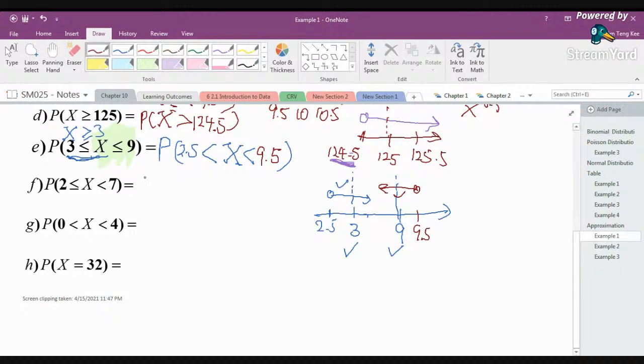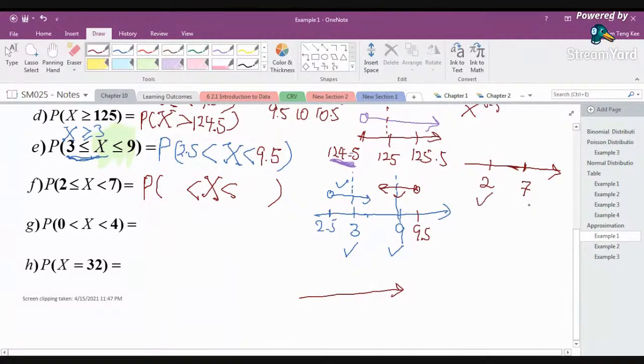Lastly, F and G. So again, inequality sign without equal. Then 2 to 7, again, we try to observe from the number line. 2 to 7.